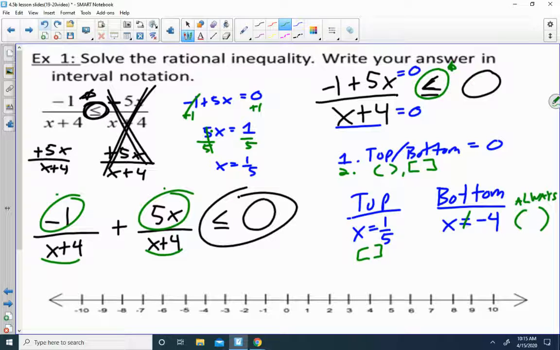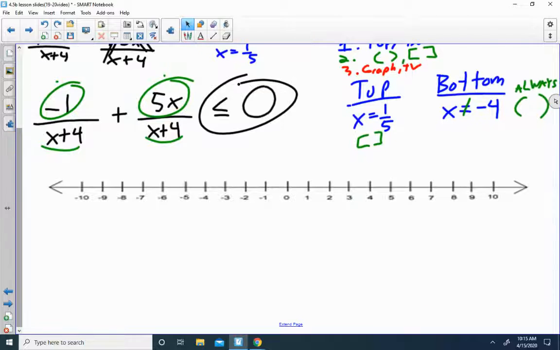Okay. Now we can move on to the third step, where we're going to graph and put in some test values. So let's go to the real number line. For the top, I'm going to have a line. It has to be between 0 and 1, since the fraction is 1/5.